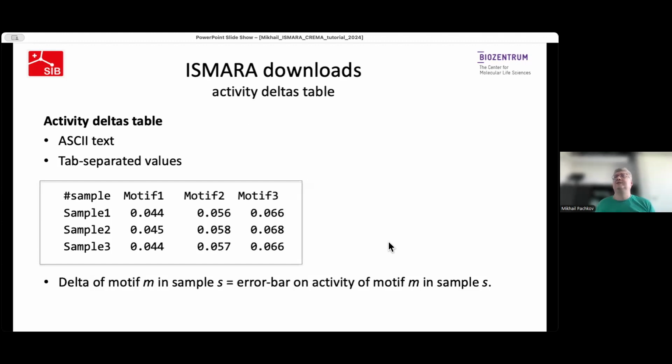The same applies for the activity error bars table. The activity deltas table has exactly the same structure, but instead of activities, it contains the corresponding error bars, again for every motif M in sample S. For example, these tables are used to draw the activity profiles which Eric has demonstrated earlier.